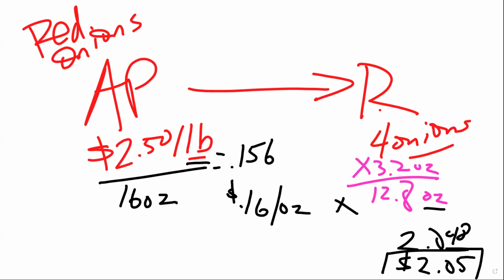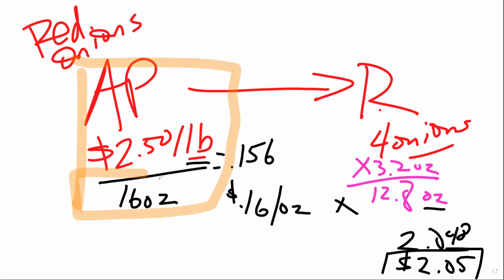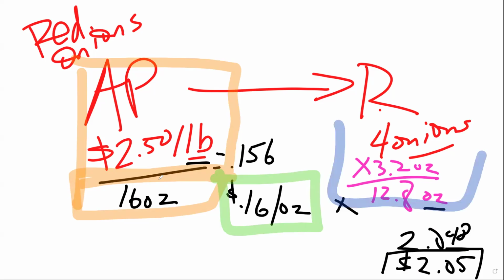So now this is my as purchased, this is my recipe unit cost, this is my recipe information, and finally, this is my answer.